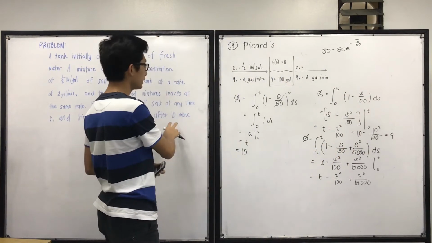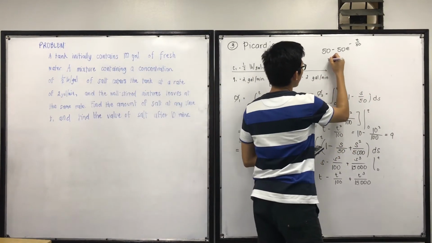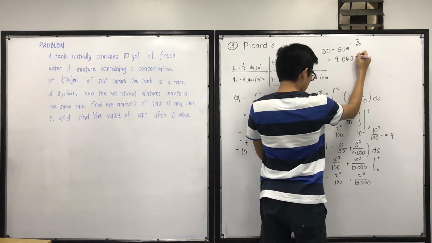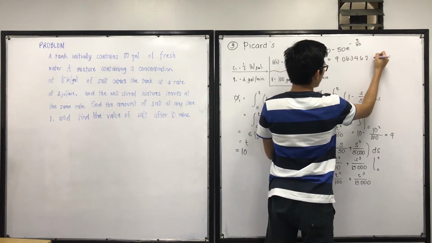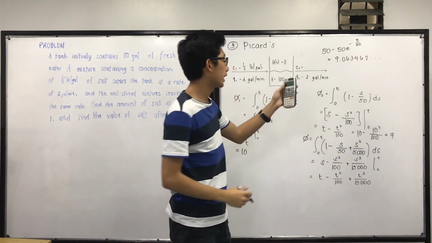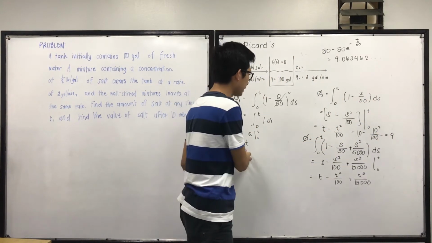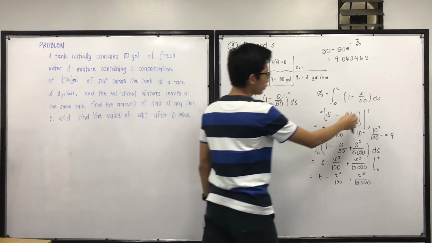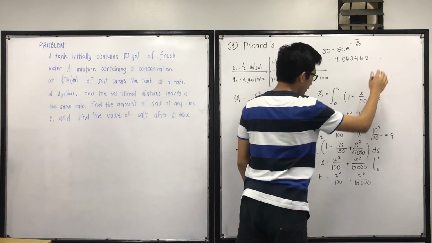And substituting 10, we will have 9.063462. That is the value of salt. So we could see that as the phi sub n increases, the value gets closer to the given answer.